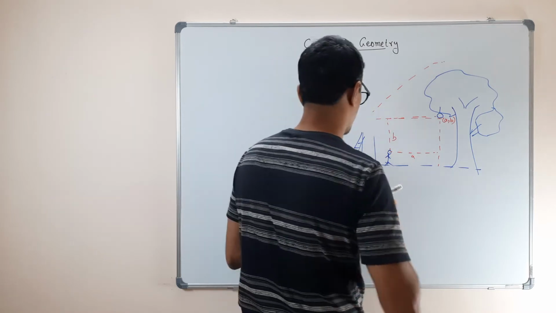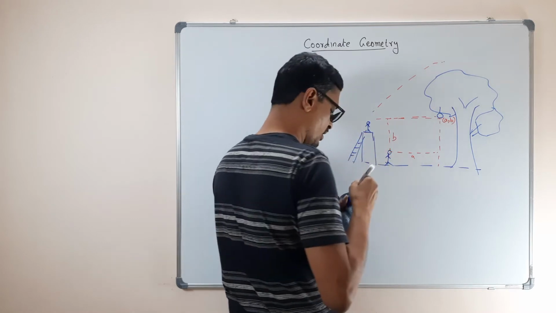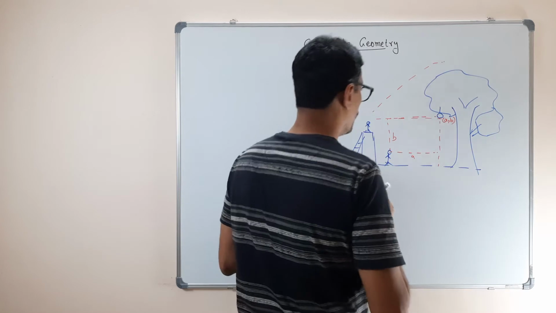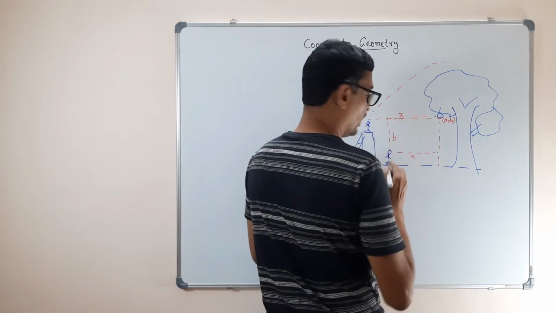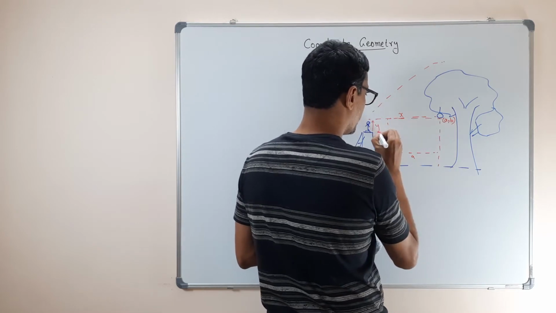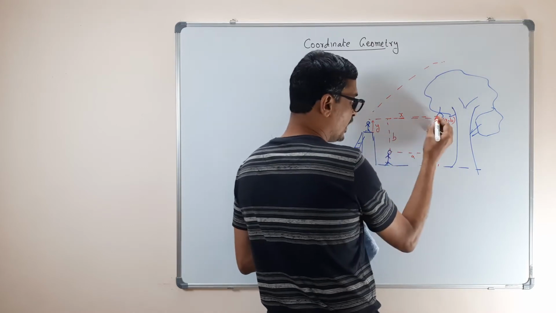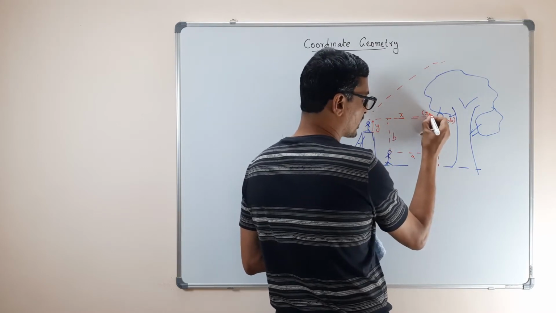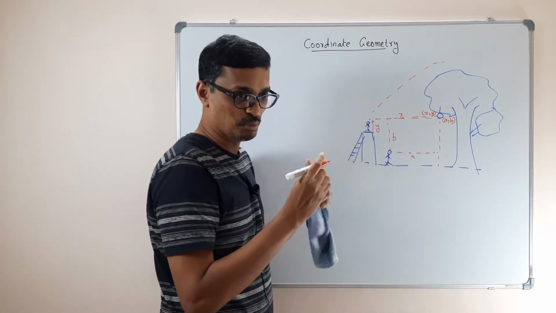So, for him, this is the x coordinate and this is the y coordinate. Am I right? This distance. So, he will measure the same fruit with a different coordinate, that is x comma y. And x is not equal to a and y is not equal to b.